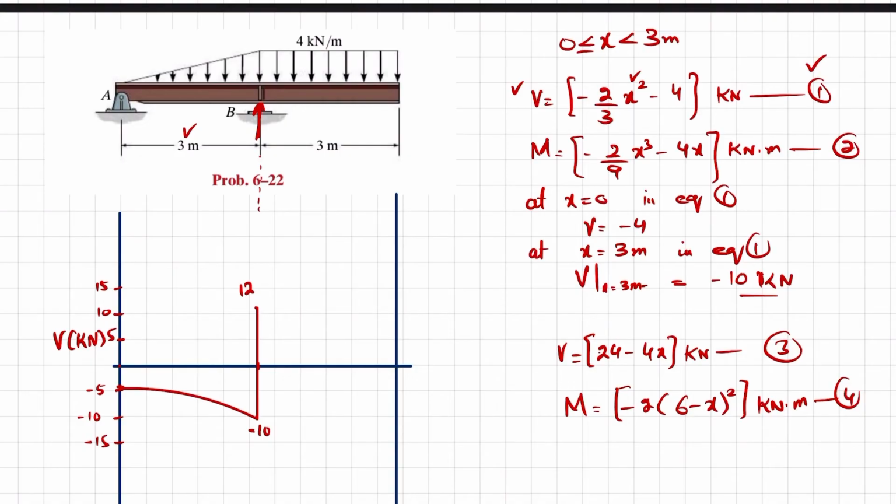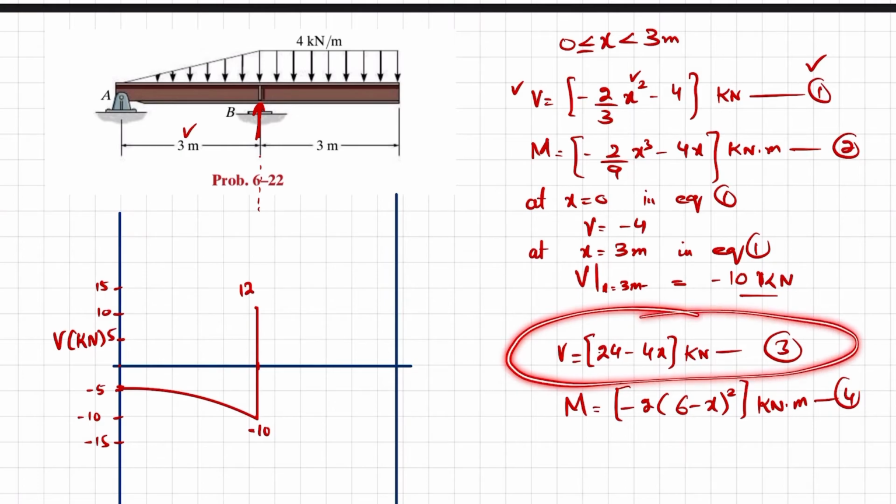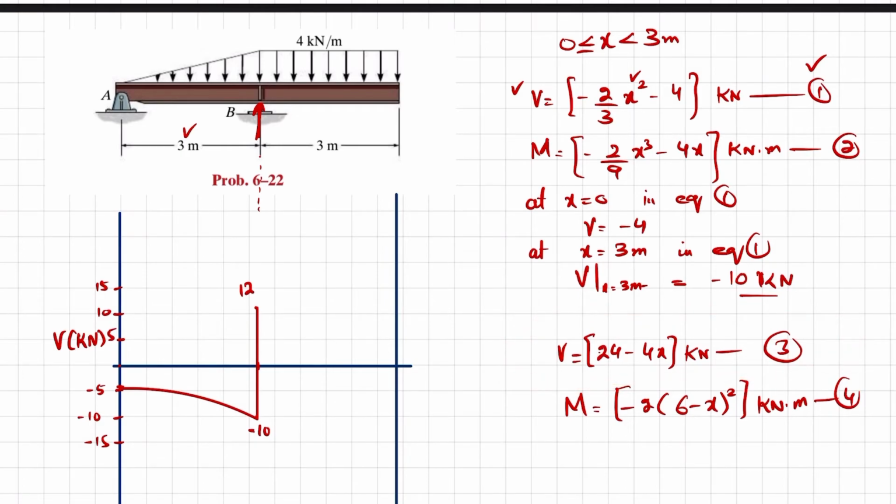Now for this region we will use the equation of shear force, equation number 3. You can easily put x is equal to 6 meter in equation number 3, and you will get V is equal to 0.